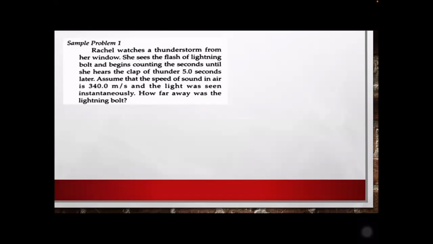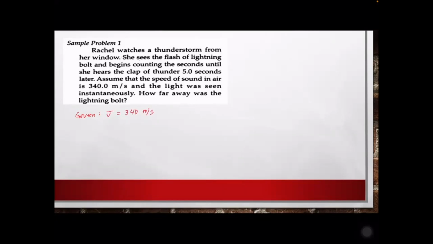So the given in the problem: we have the average speed, or the velocity itself, which is 340 meters per second.